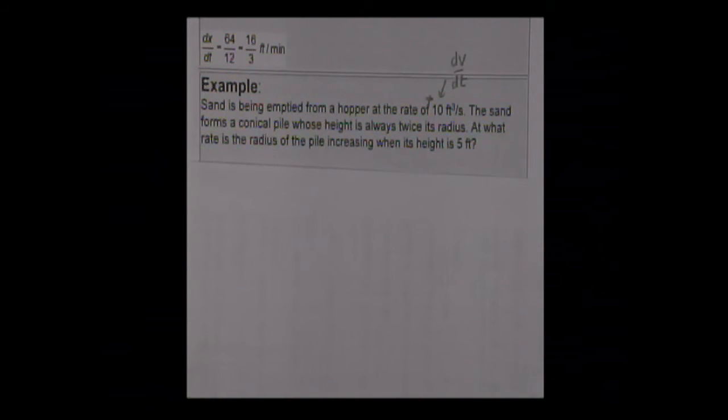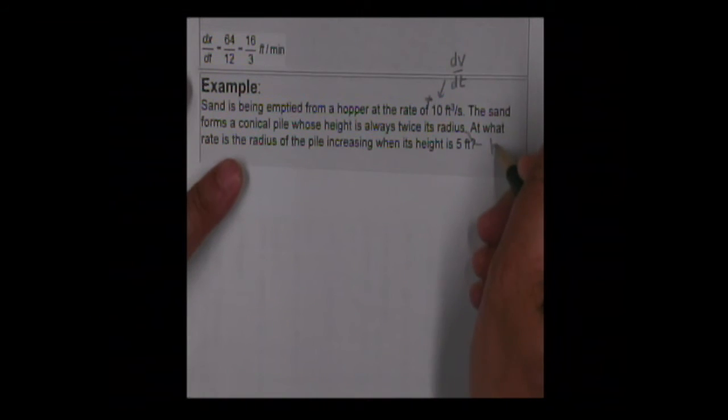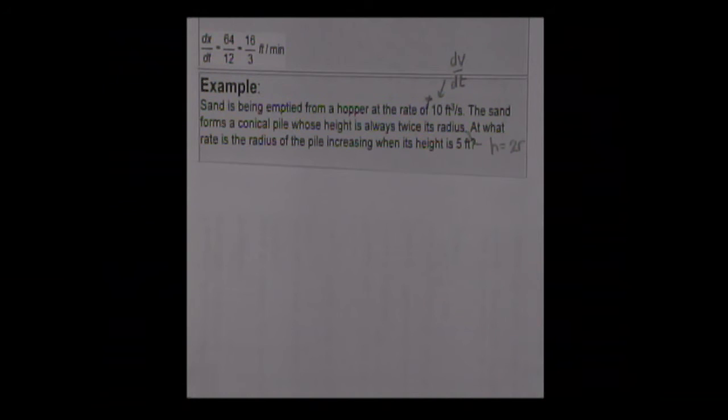And it's forming a conical pile whose height is always twice its radius. So this actually tells me h is 2r. At what rate is the radius of the pile increasing when its height is 5 feet?